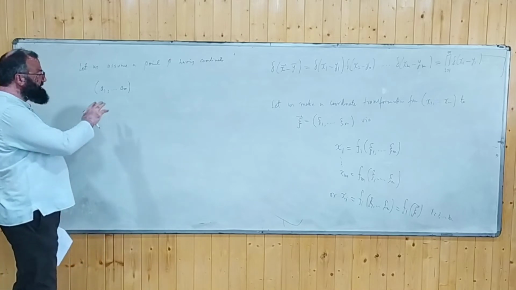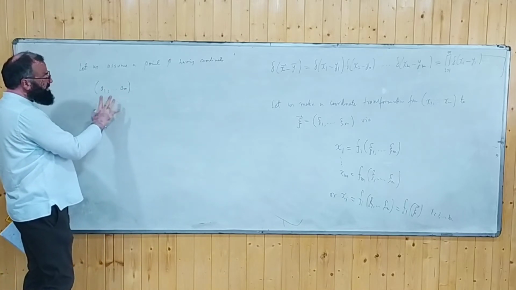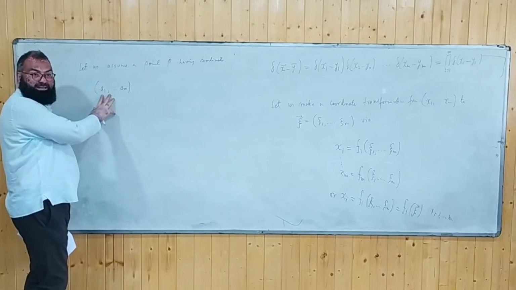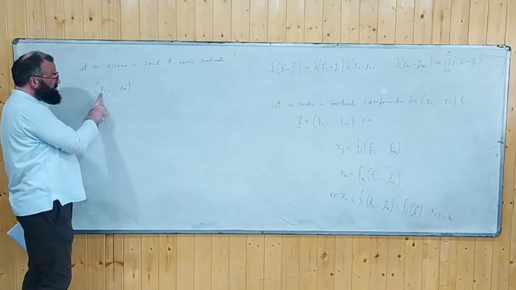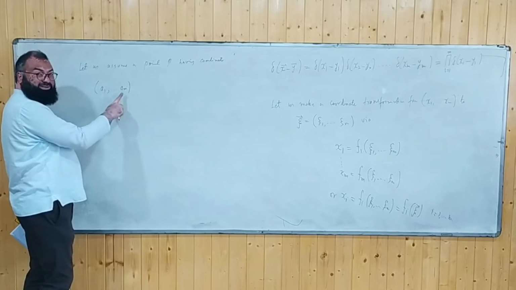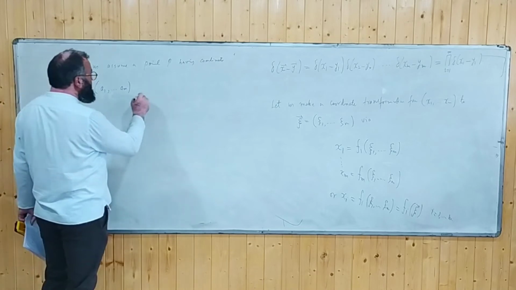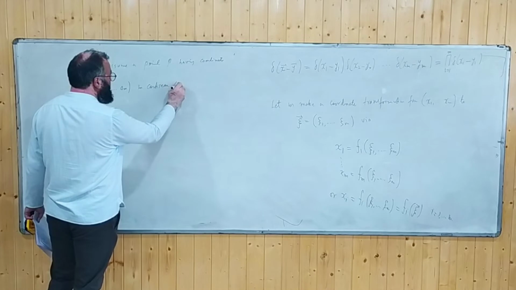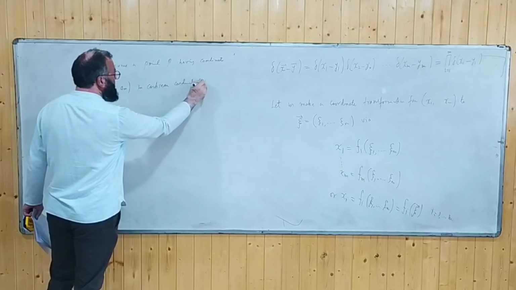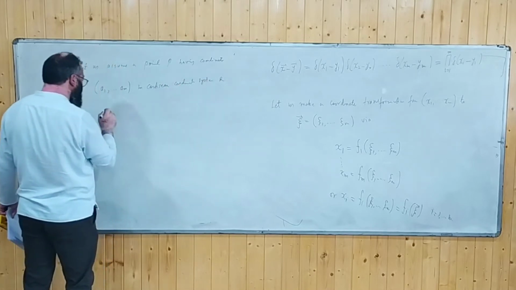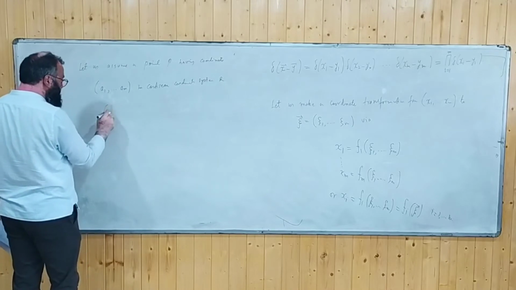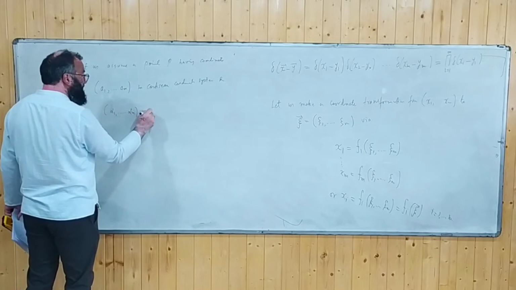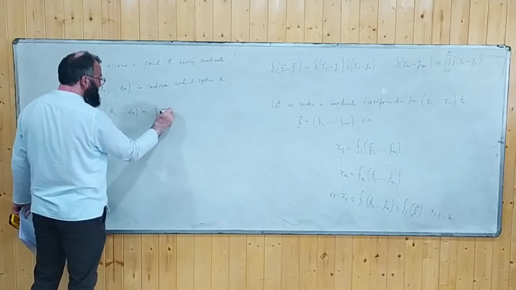Let's specify in the Cartesian coordinate system, so x1 is equal to a1, x2 is equal to a2, and so on, xm is equal to am. And in the zeta coordinate system, let me write alpha 1 to alpha m.